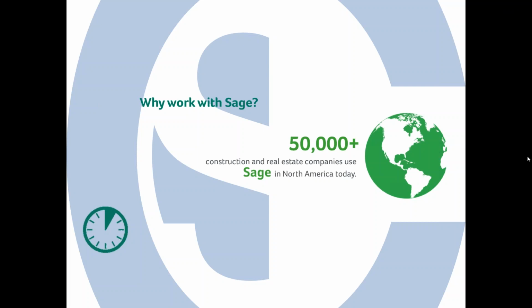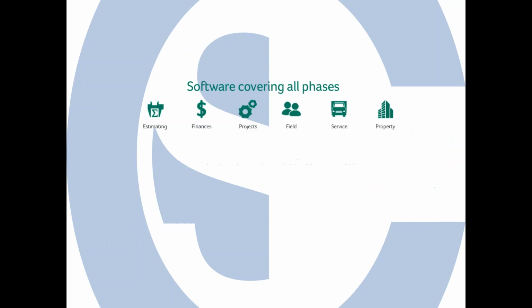So what we see here is we've got 50,000 plus companies use Sage products today in North America for construction and real estate. That's obviously not an insignificant number. It's bigger than all of our competitors combined. Then also within there, we add 2+ new customers per hour in North America.